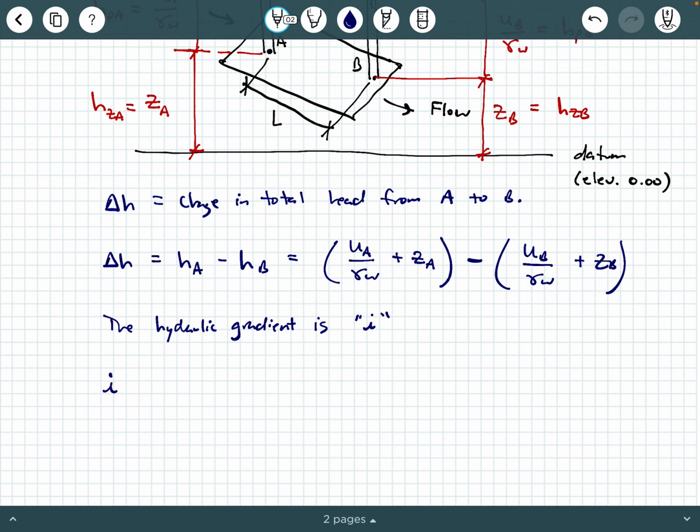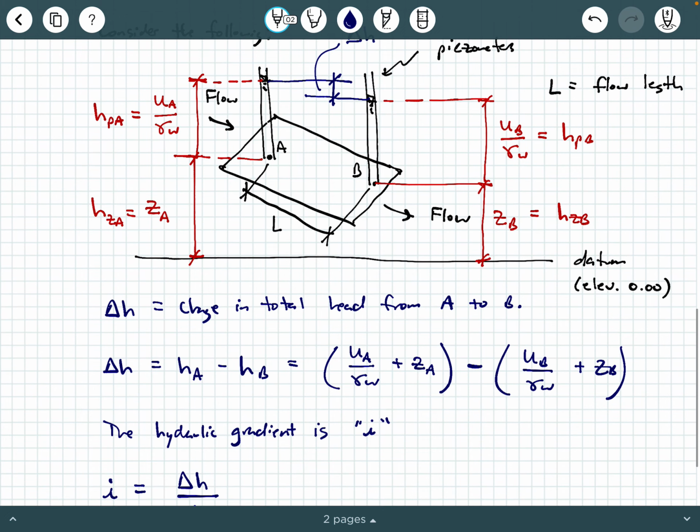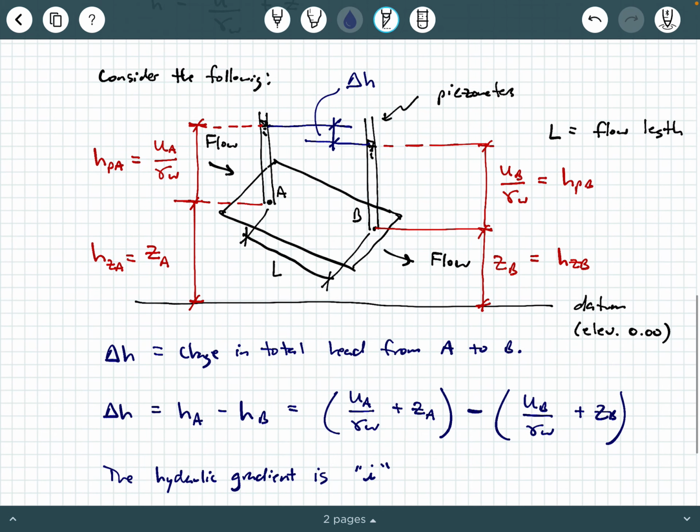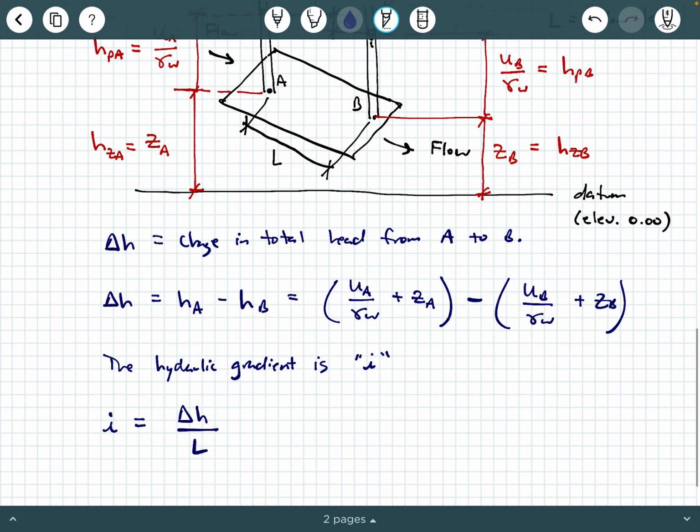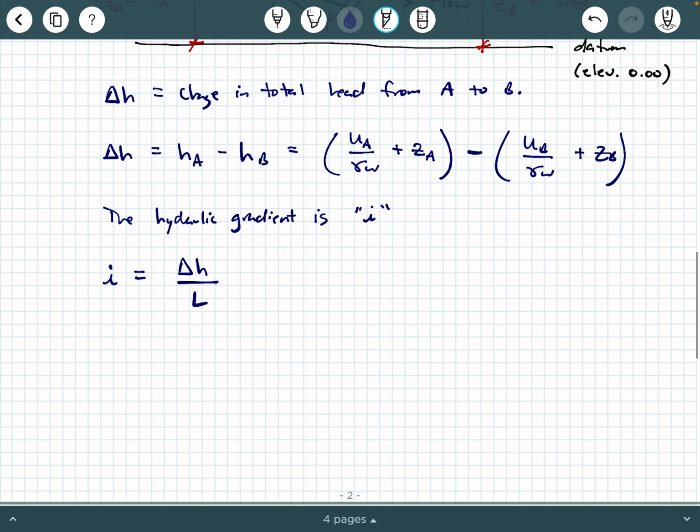And we say the hydraulic gradient, little i, is equal to that change in head, delta H, over the flow length, L. So again, the hydraulic gradient, it's like a slope almost. It's this delta H here divided by the flow length, L. All right. That is pretty much the summary of how all these pieces together from our knowledge of hydraulics and fluid mechanics.